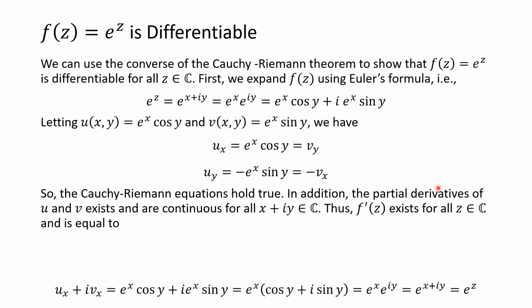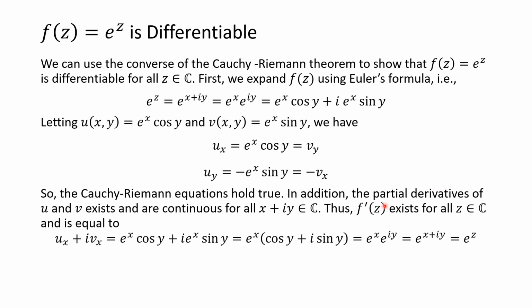And not only that, we have the bonus that if we can plug in u of x, v of x into our formula here, this is the derivative. I should have written here, this is the derivative of f with respect to z. This is what I'm drawing out here.